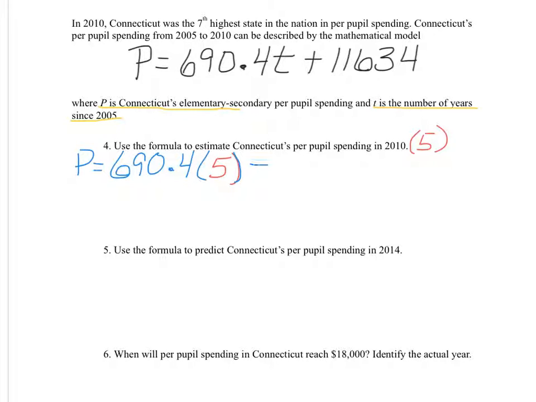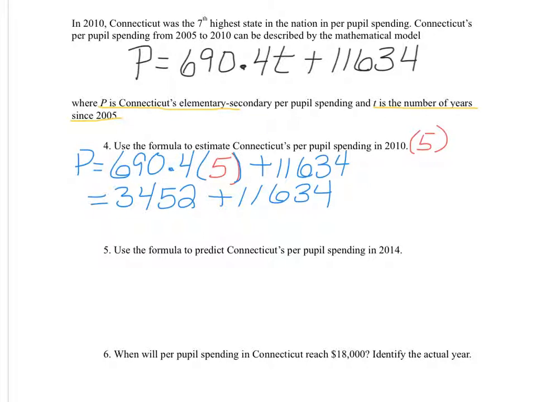5 years plus 11,634. Then we're going to calculate 690.4 times 5. This is 3,452, plus 11,634.